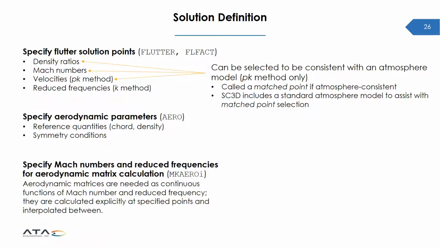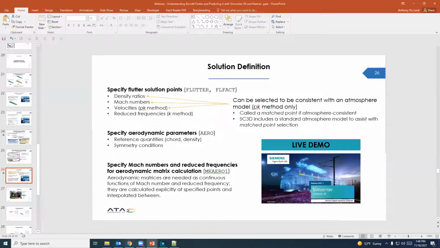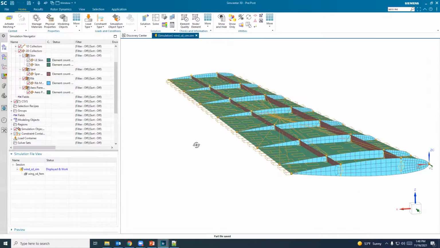PK method needs aerodynamic force matrices that are continuous functions of Mach number and reduced frequency. And so the way Nastran works is the user specifies a set of Mach numbers and reduced frequencies at which those matrices are calculated, and Nastran interpolates those matrices in between those points. So we just need to specify the points where they're going to be calculated, and that'll be the last thing we need before we run our analysis.